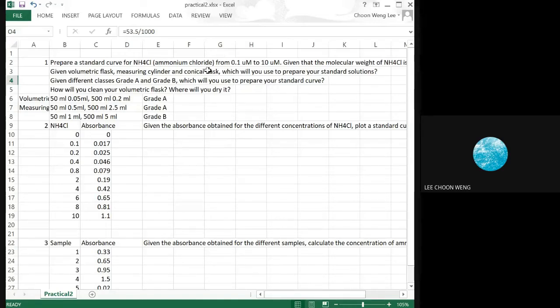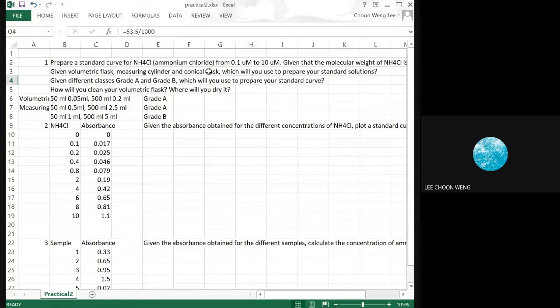That's why we usually use it only for titration and don't use it to prepare standard solutions. Okay. So if you see people using a conical flask to prepare standard solutions, then definitely it's wrong.